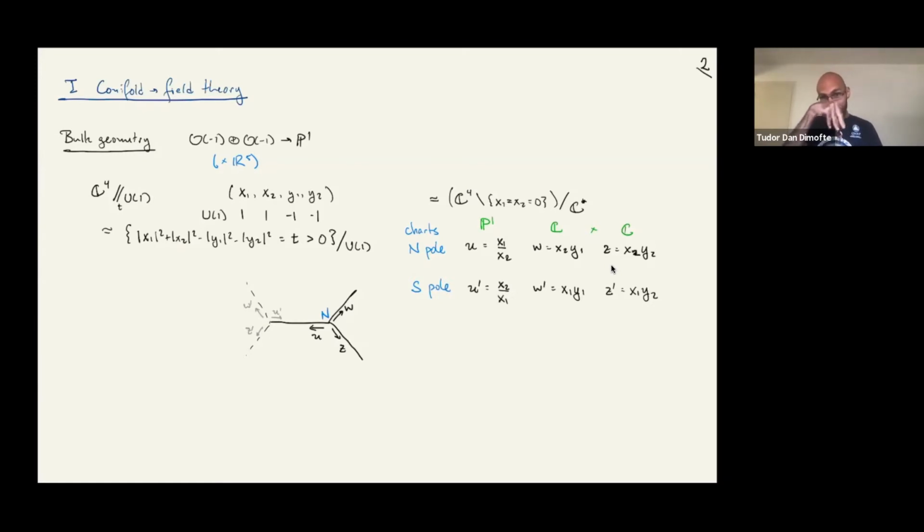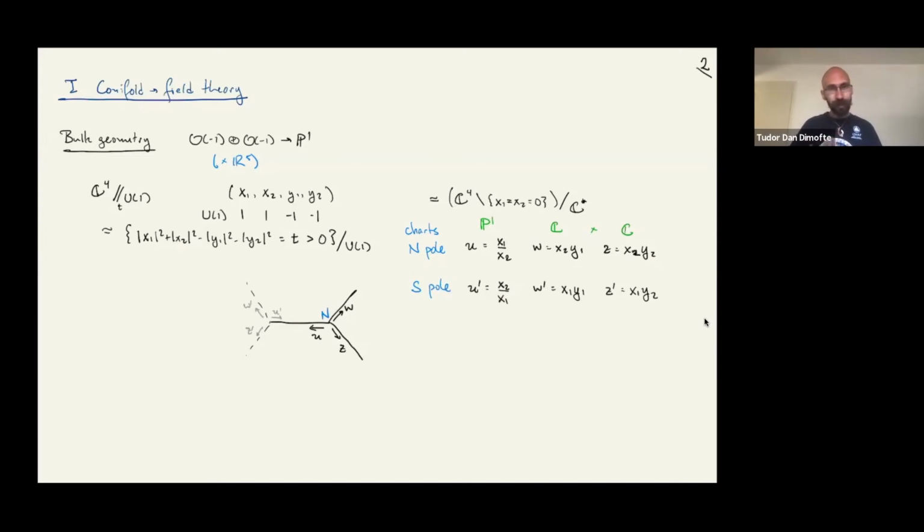Algebraically, that's equivalent to a C-star quotient of C^4 with the locus where the first 2 coordinates, x1, x2, are 0 removed. The details here are not super important. The resolved Conifold is a C^2 bundle over P^1.